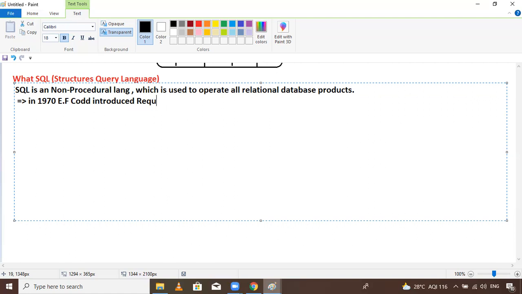If you learn database, you should be aware of the history of the product. If you learn any product, you should be aware of its history. If you learn Java, you should be aware of the history of Java. It's your responsibility to remember all these things. That's why I am telling you, because these are the first two or three sessions.